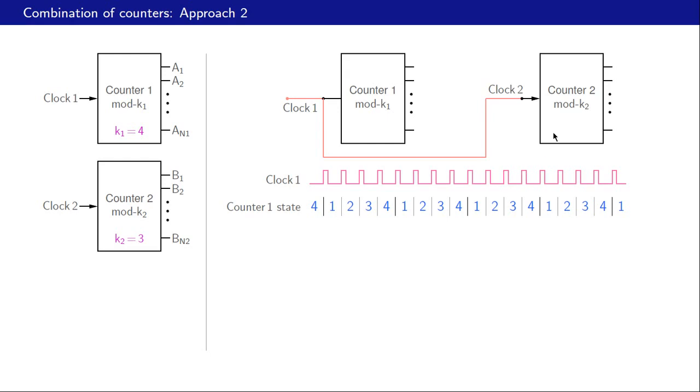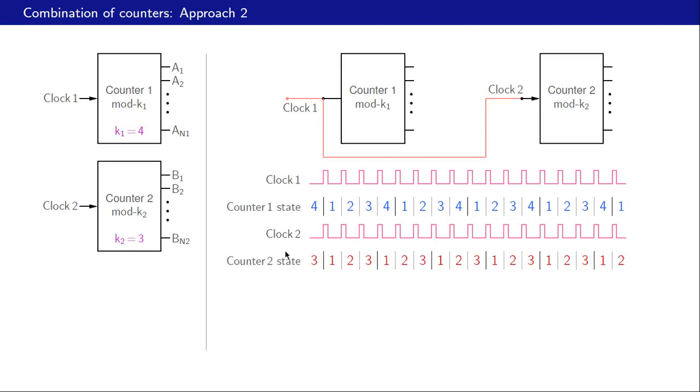Here is our second counter, counter 2, and that gets the same clock as clock 1. So clock 1 and clock 2 are the same signal now, and let us see what happens. So this is our clock 2, the same as clock 1, and these are the states of the second counter.